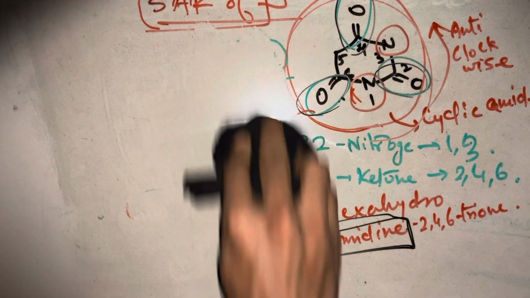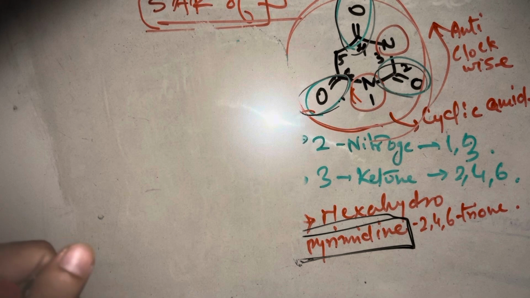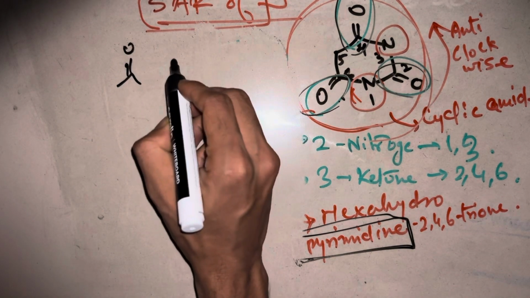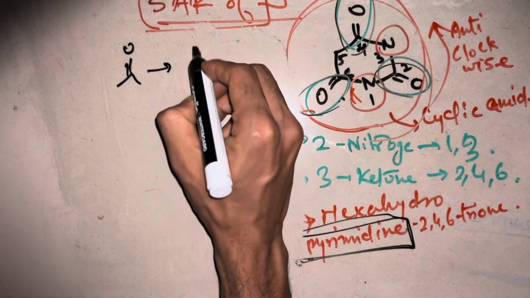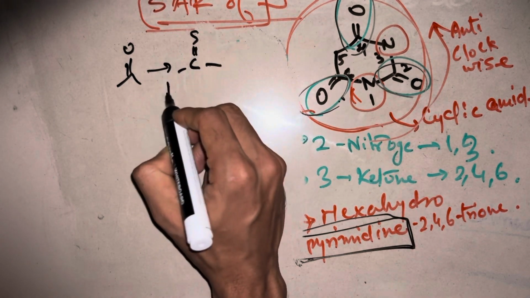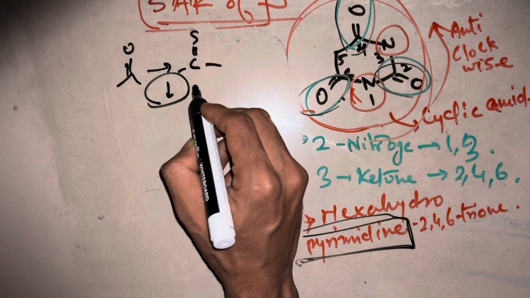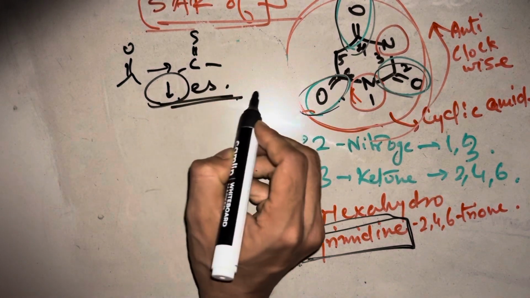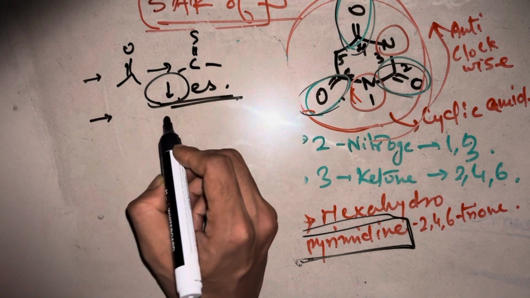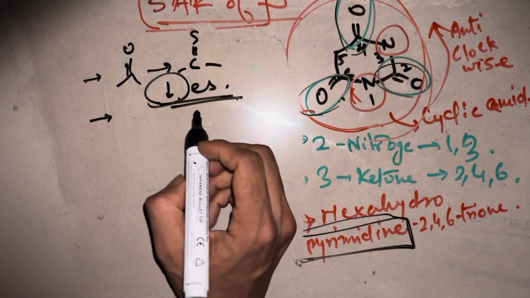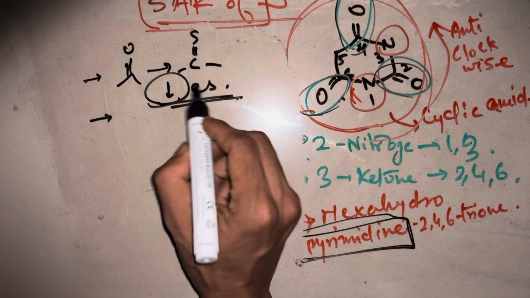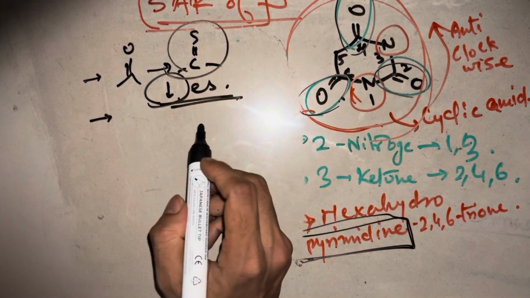For example, if the carbonyl group is replaced with C double bond S, then the pharmacological activity will decrease. First point. Second point is that if the carbonyl group is replaced by C double bond S, that is a thiocarbonyl group, then what will happen?